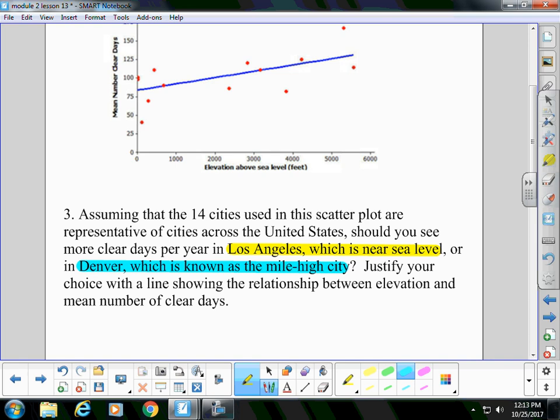So Los Angeles is closer to 0, whereas Denver is closer to 5,000. The question was asking, would you see more clear days per year in Los Angeles, or in Denver? According to this, with the positive slope, the higher the elevation, the more clear days. So Denver would have more clear days than Los Angeles.